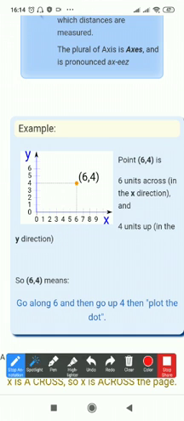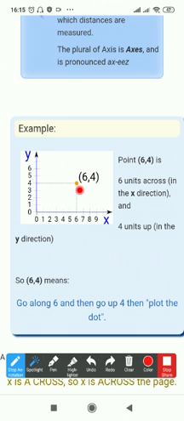Now you can see that we have the point 6, 4 located on this graph. Across from 0, you count 6 units: 1, 2, 3, 4, 5, 6, and then go up 4 units: 1, 2, 3, 4. So it is located here at 6, 4. If I ask you where this person is standing on the map, it shows that he's standing at the location 6, 4.